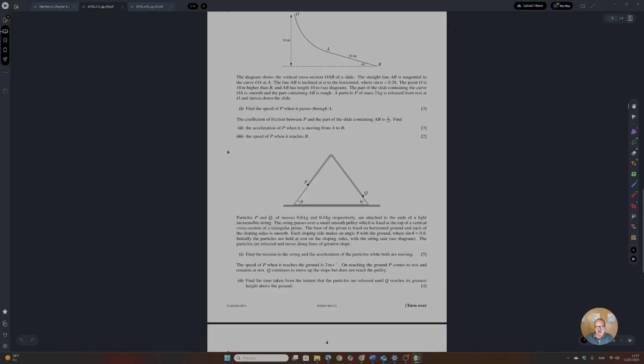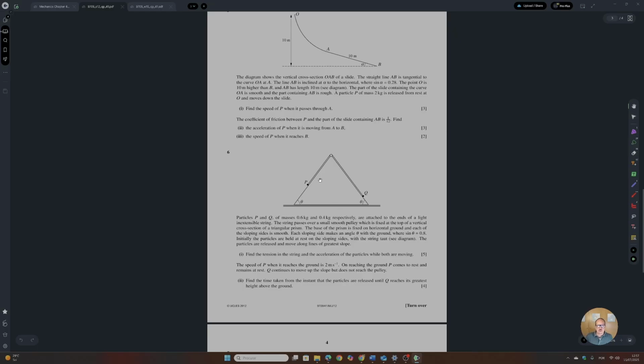Each sloping side makes an angle of theta with the ground, where sine of theta equals 0.8. Initially, the particles are held at rest on the sloping sides with the string taut. The particles are released and move along lines of greatest slope. Find the tension in the string and the acceleration of the particles while both are moving.